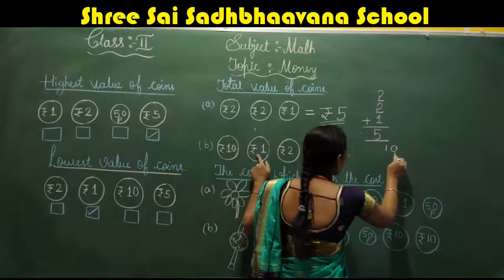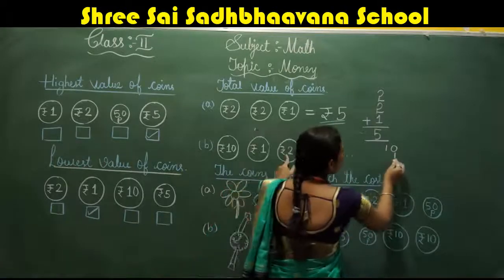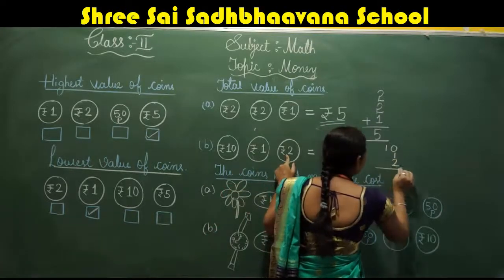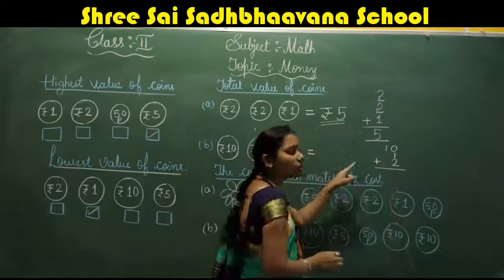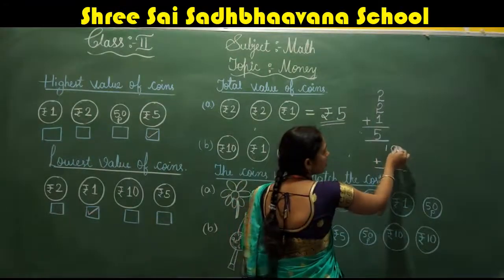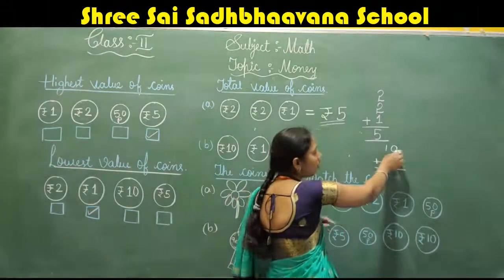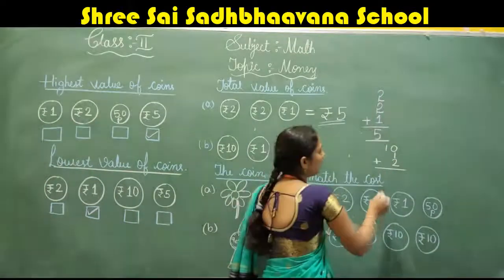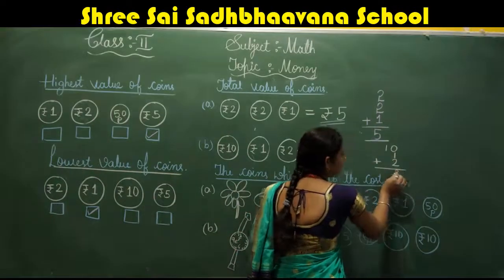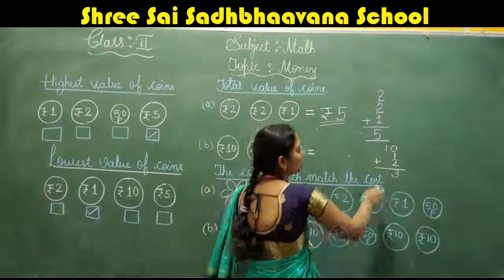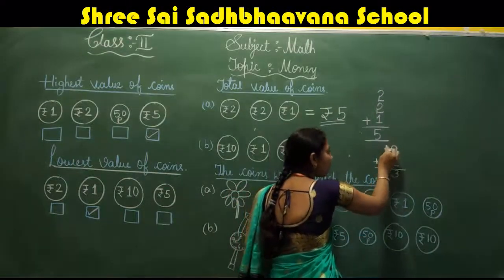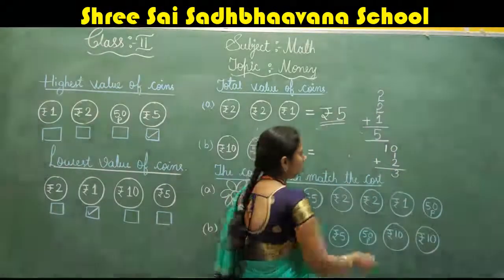Next 1 rupee coin and next 2 rupee coin. So let us add this. 0 plus 1 is 1. 1 plus 2 is 3. Right, children? Then in the tens place, we have the number 1.